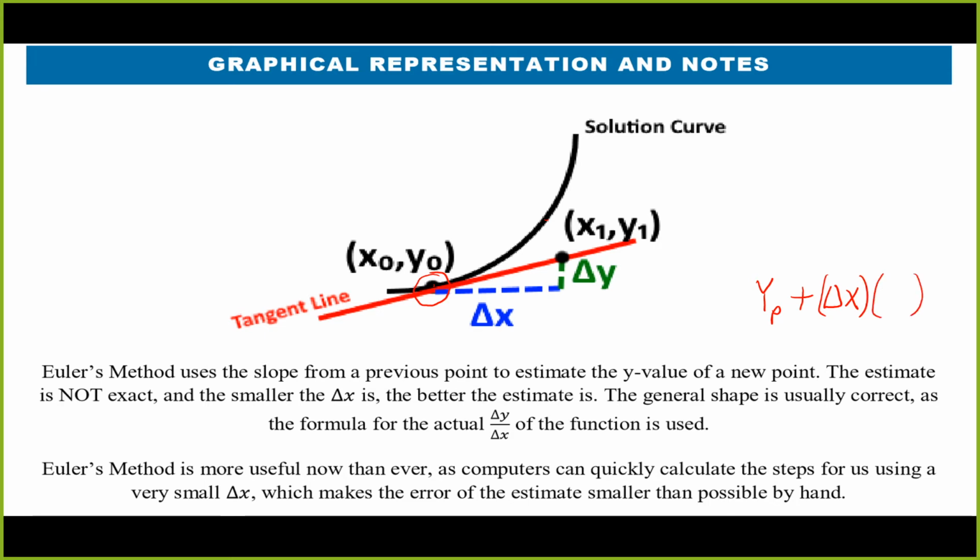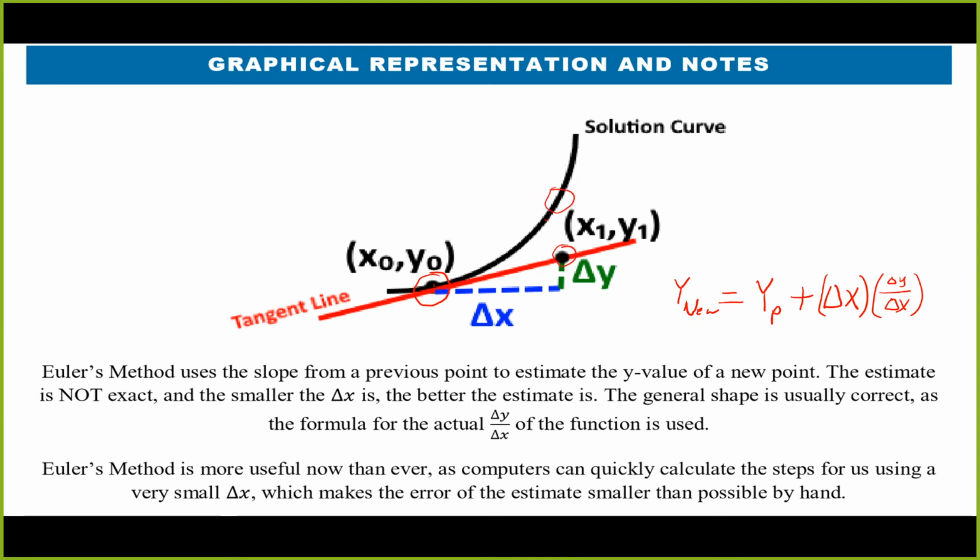And then multiply by your change in position, in this case our change in our height, over our change in x, which is our change in time for us, to figure out what our new height will be after a set amount of time. And if we keep doing this again and again and again, we will hopefully get a decent estimate for what our position will be in the future.